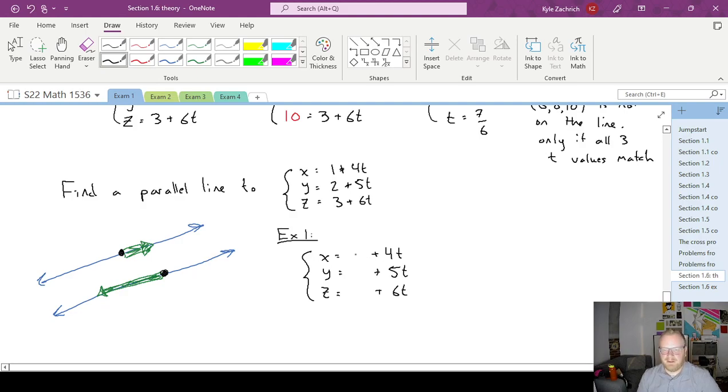So I'm going to pick 1, 2, and then I'm going to change this one to be 10. Right, so say new point, same direction vector. Just to show you that it's not a matter of just changing one of these numbers, I could also say this is 11. All right. So anyway, I just wanted to make sure that I wasn't picking something that was also on this line as well. So anyway, this is parallel, right?